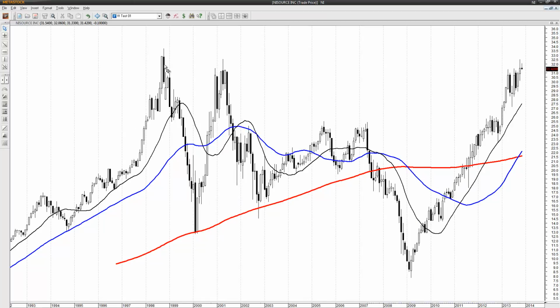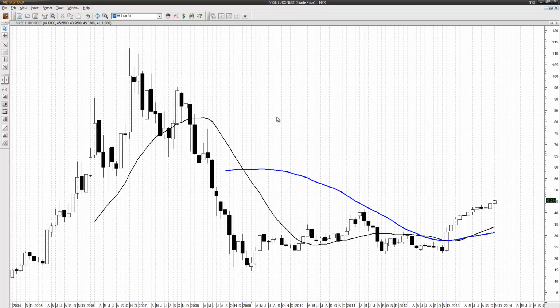Next, New Resources. This is the level, and I have the level at 33.75. I know New Resources doesn't have any earnings on the horizon.